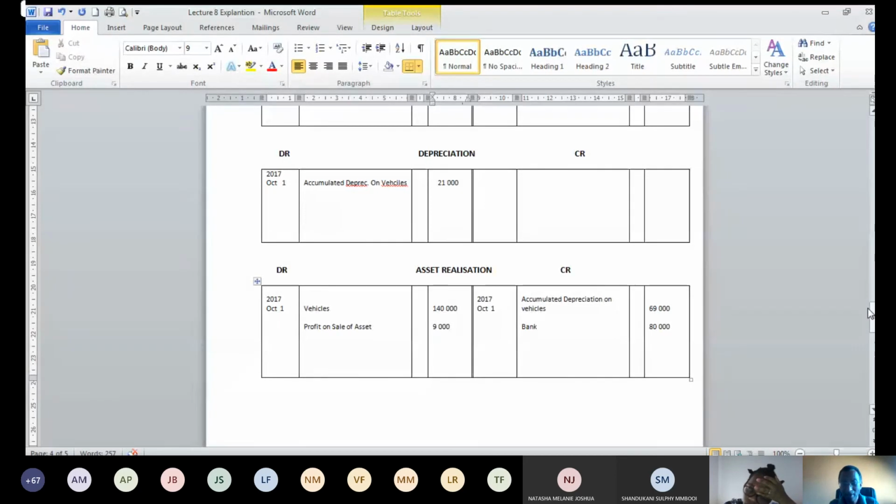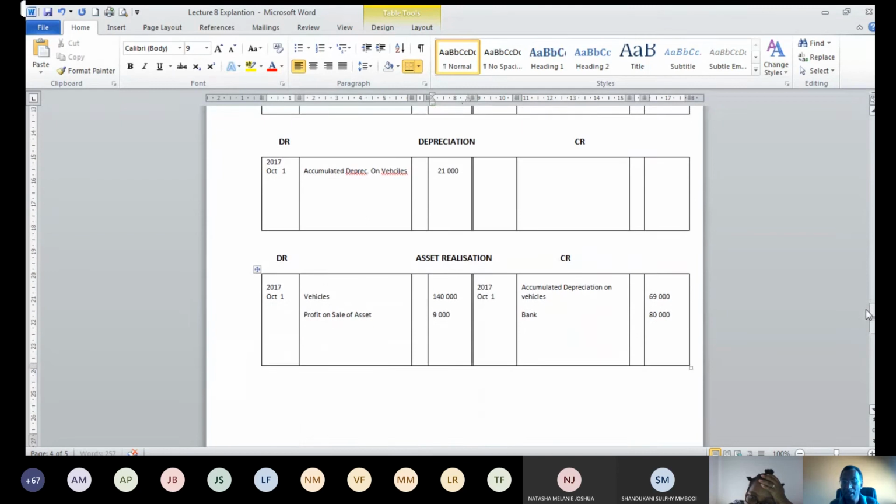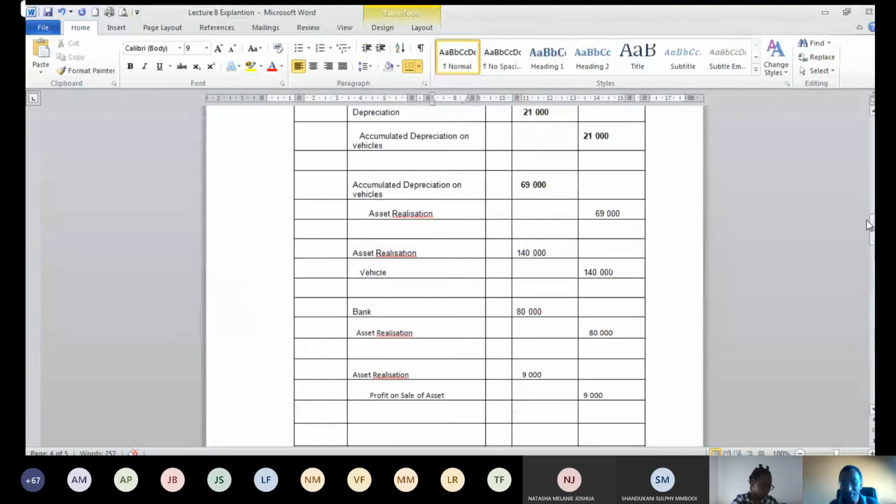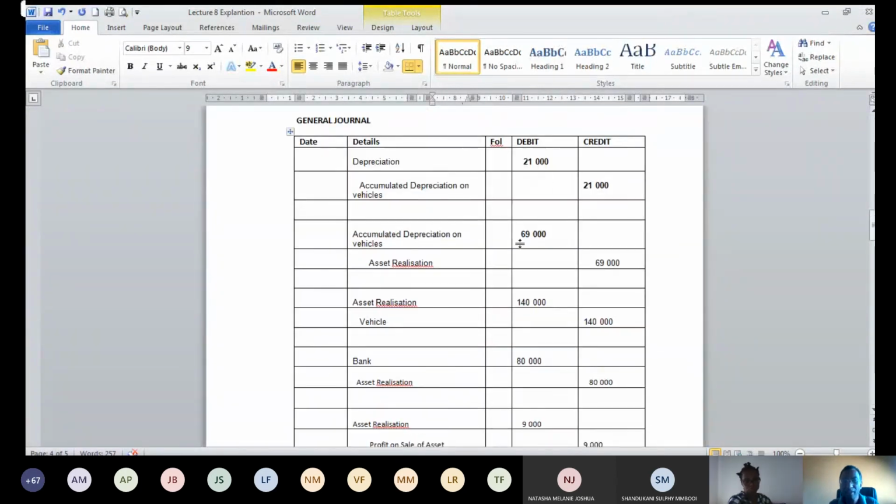So guys, that will take care of the first 5 steps, the steps with asset realization. Just to recap again, step number 1, calculate and record the additional depreciation. I'm referring to the 21,000 Rand. In step number 2, transfer the accumulated depreciation on the asset to date to the asset realization account.